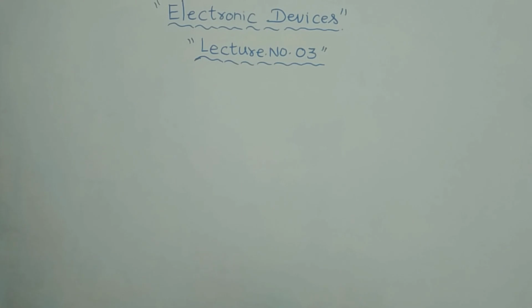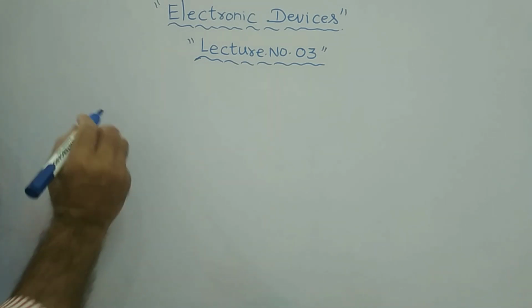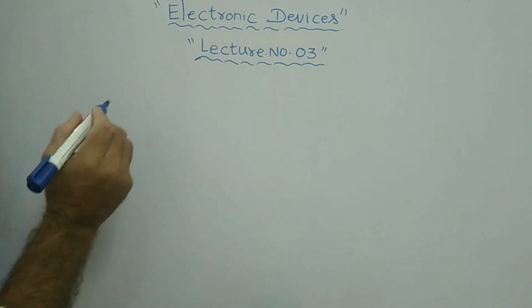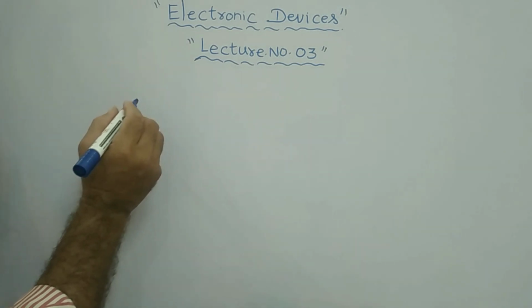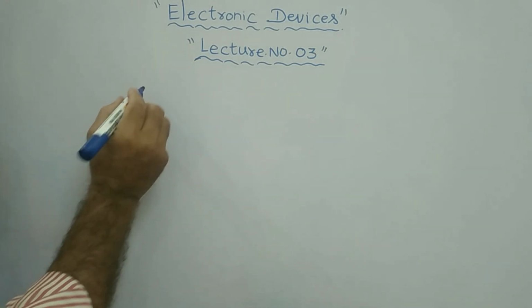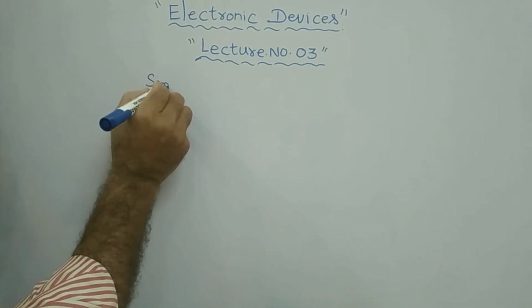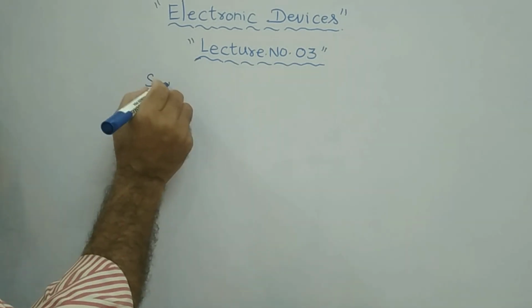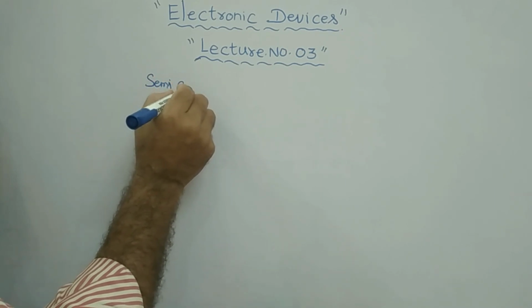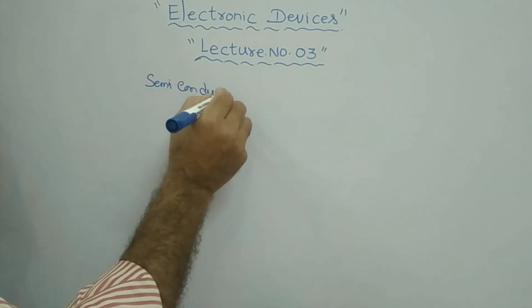This is lecture number 3 of our electronic devices subject. In this presentation, I would like to give you some important points which we have already discussed in the previous presentation, based on semiconductors.